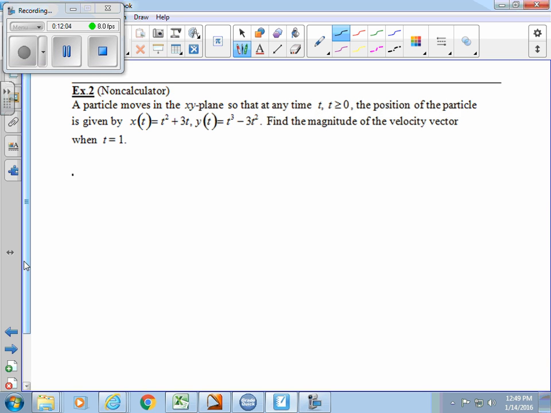So you will notice that this section feels a lot like last section. It says the position of the particle is given by x of t and y of t. Find the magnitude of the velocity vector. What could they have said instead of magnitude of velocity vector? Speed, right? The magnitude of the velocity vector would be the speed, which makes sense because we're going to do the square root of x prime of t squared plus y prime of t squared.